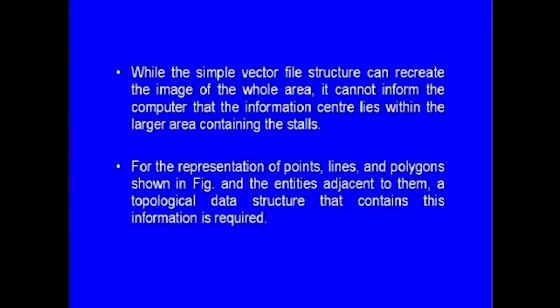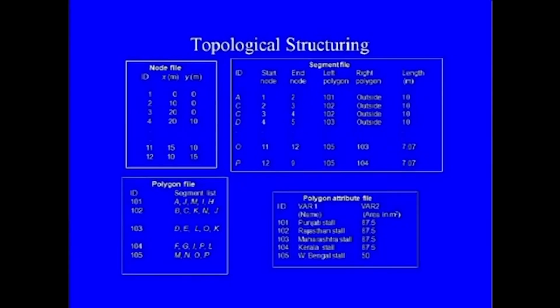In a GIS representation, this may have to be carried out in such a manner that it consists of points, lines and polygons and the entities adjacent to them, so a topological data structure that contains this information is required. It may be represented in this manner: for all the points defining the different plot or stall areas, we have a node file, wherein each point has an ID and the x and y coordinates are indicated alongside.